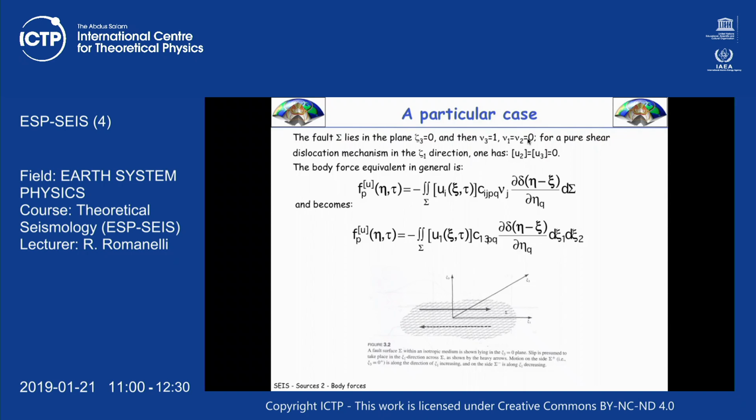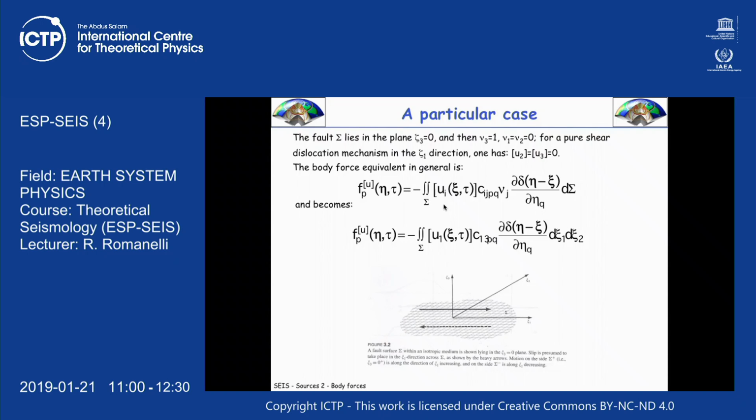So u1 is just 1, and u2 and u3 are 0. And it's a pure shear dislocation. What does it mean? If you take the general expressions that we discussed on Friday, we have seen that the body force equivalent of a shear dislocation, you have to go back to some slides ago, is like this.